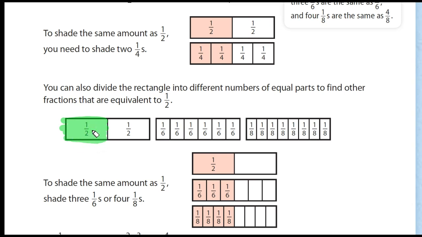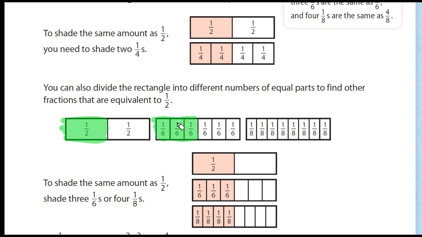How many 1/6 do I need to shade in to equal a half? Just one? Hold on. That does not equal that, and that's not halfway. How many more? Two more? So how many total? Three. Because isn't 3 half of 6?